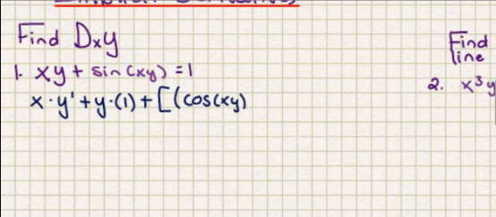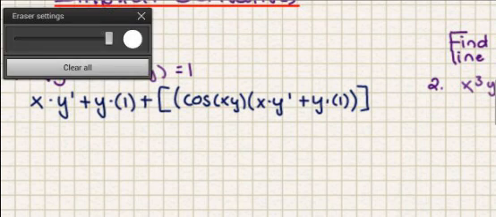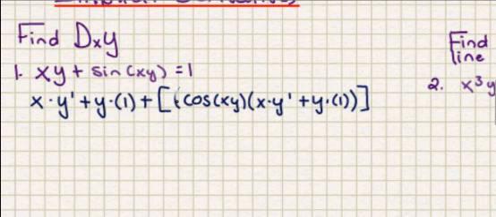And then we're going to find the derivative of xy. So same thing. First term times the derivative of the second term plus the second term times the derivative of the first term. I use a lot of brackets here. And then the derivative of a constant is just 0.